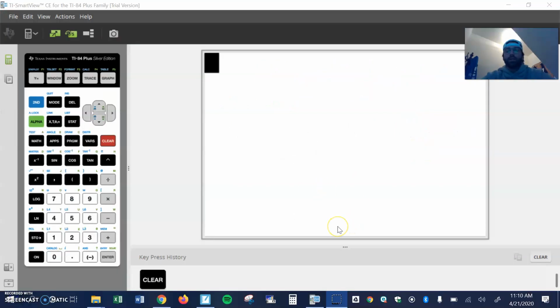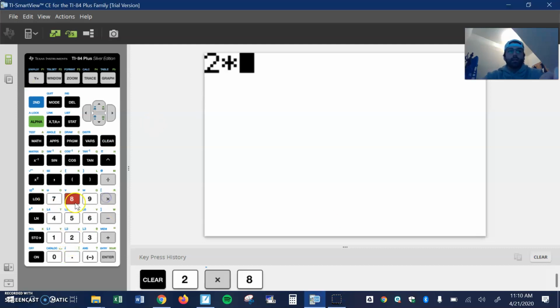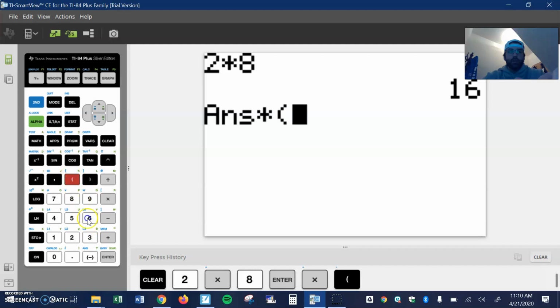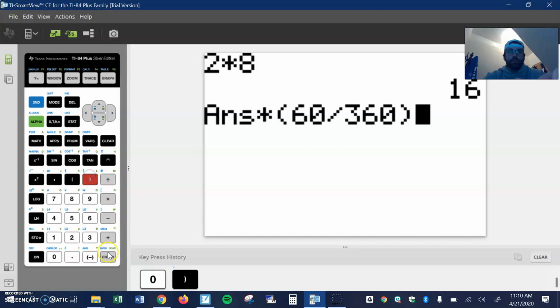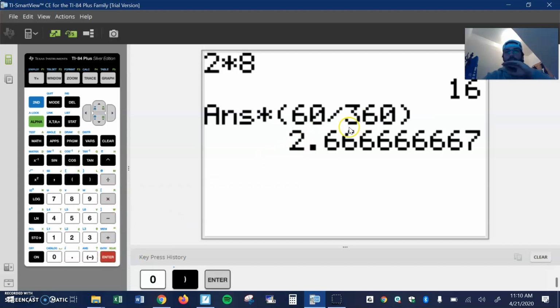I can do this a couple different ways. I know that 2 times 8 is 16, so I can go 2 times 8 times, in parentheses, the fraction. Now I have a fraction, and that's fine.